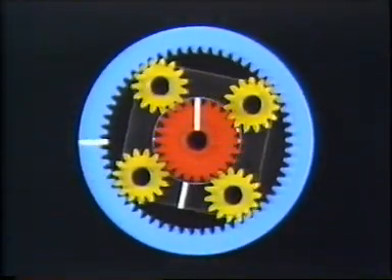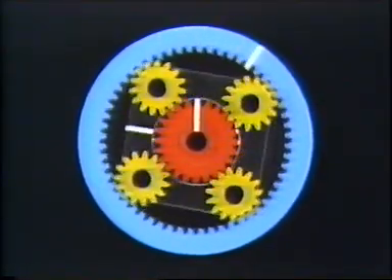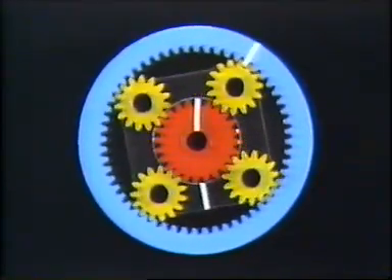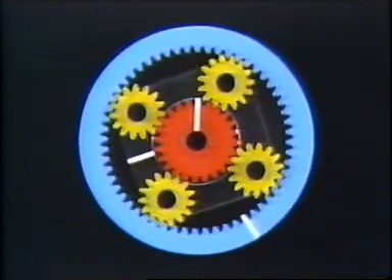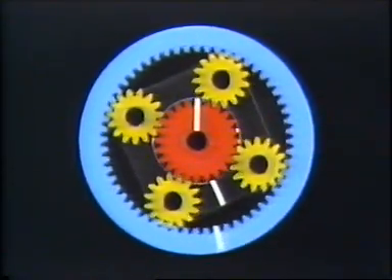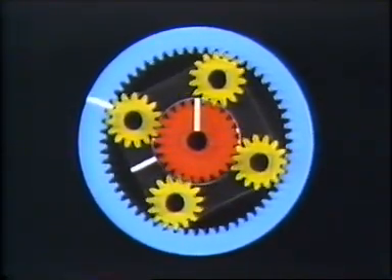Now we add a ring gear, which will start rotating in the same direction as the planetary carrier. The ring gear rotates faster than the planetary carrier.